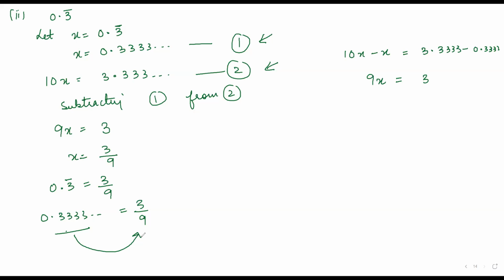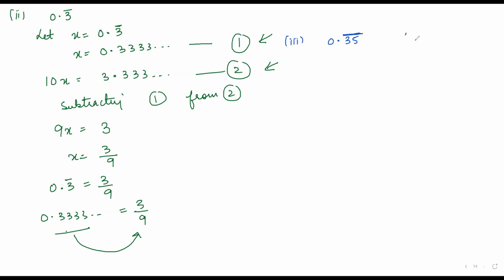Is this fine? Okay. Now, if I have some number like this where two digits are recurring, for example, the third example I'm taking. If I have 0.35 bar, now this whole 35 is recurring, right?